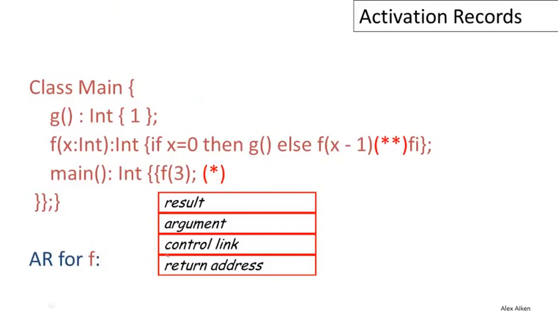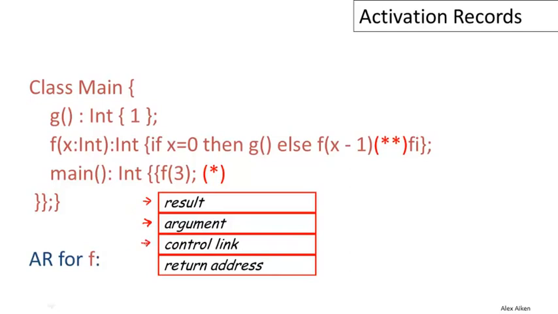Here's one of the programs that we looked at in the last video, and here is a design for a concrete activation record for the procedure F. We'll have one position for the result of F that will hold the return value after we've finished execution of F. There'll be a position here for the argument to F. F only takes one parameter, so we only need one word to hold the argument to the function.